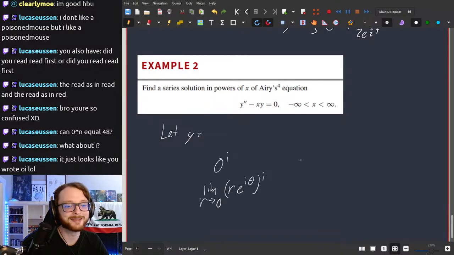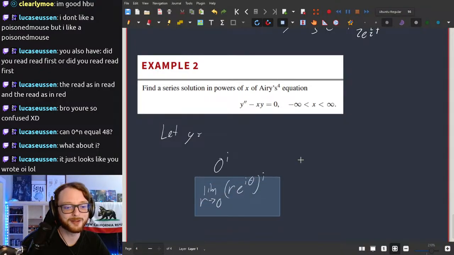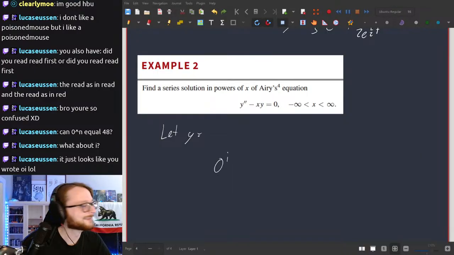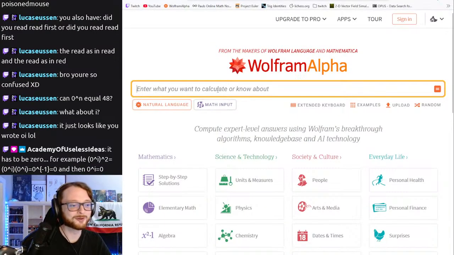I basically did. No, I don't really know what that's doing either. I assume it's just going to be 0. I have a hard time justifying that though. What does Wolfram Alpha do with this, I wonder?